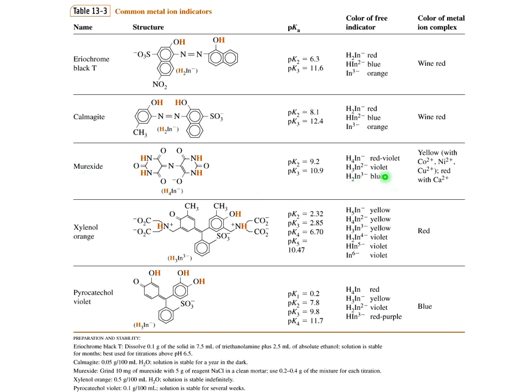Murexide is violet or blue when it's free in alkali solution, and it is yellow when it forms the complex. Xylenol orange is usually yellow in acidic solutions, and it's red when it forms the complex.